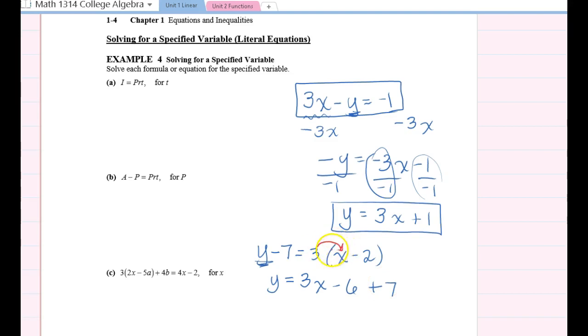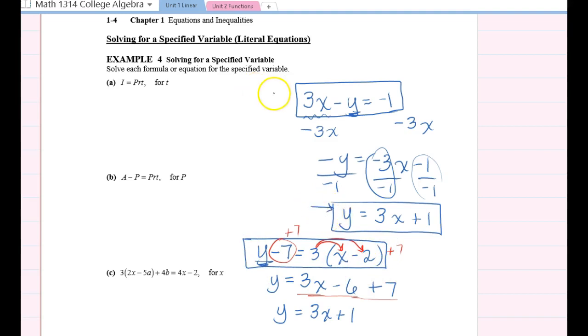But one of the things I did was the distributive property, so that's where I got my 3x minus 6, and then I also added 7 to both sides, and that's where I got my plus 7 here. So now I'm going to combine like terms, and I'm going to find that y is equal to 3x plus 1. So the big thing here that I wanted to show you was that if we had an equation in this form, or in this form here, or in this form here, all three of these equations are actually describing the same line. And so that's one of the things that we're going to be talking about today.